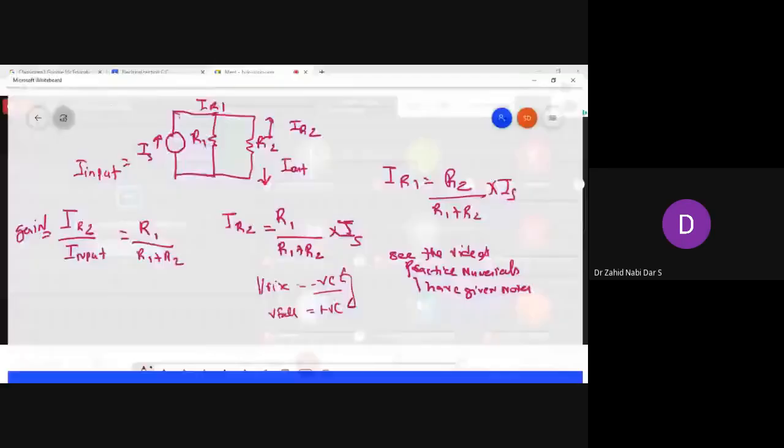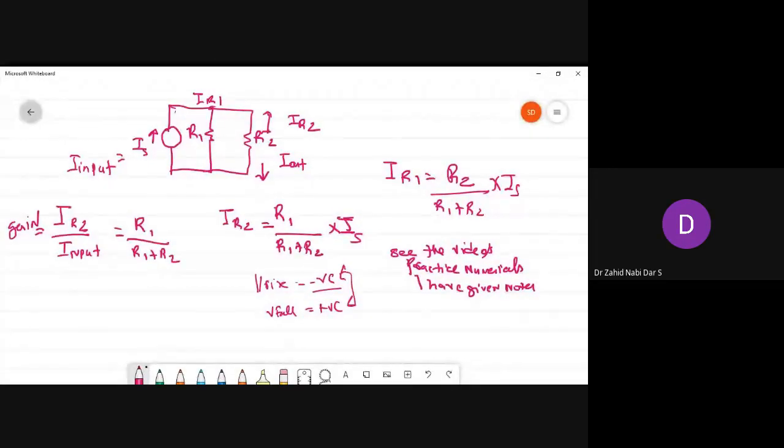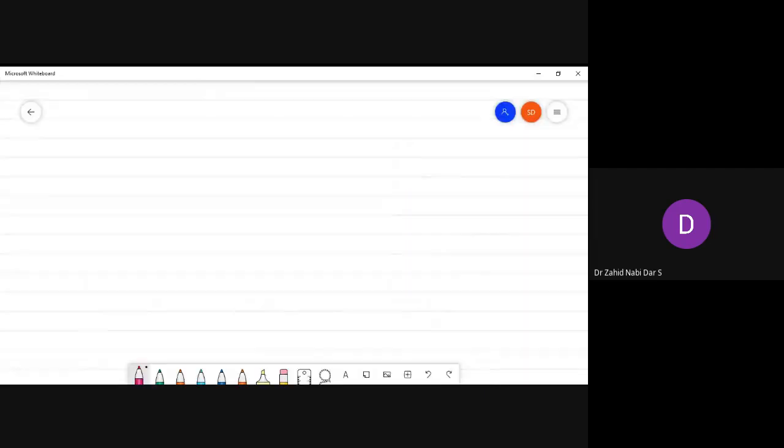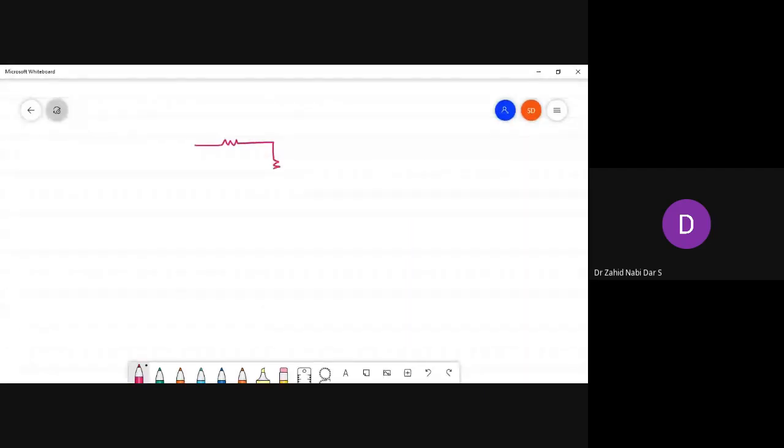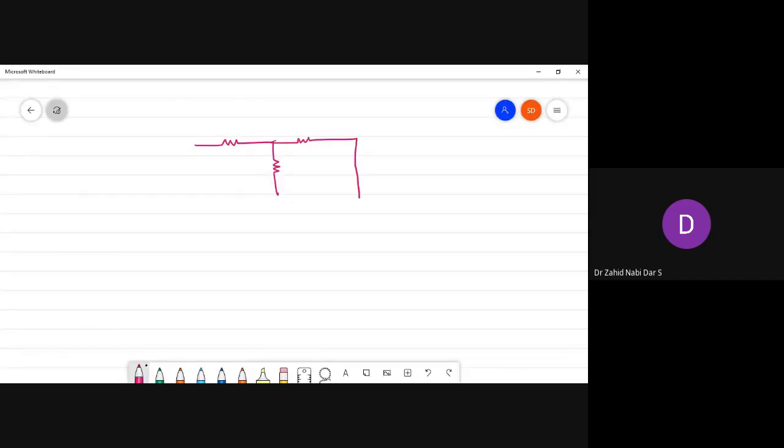See, for example, if I'm drawing like this, in your notes it's like this: A, B, C, and D. Suppose they are giving it like this. Isn't it like this, you are telling? Yes, sir.